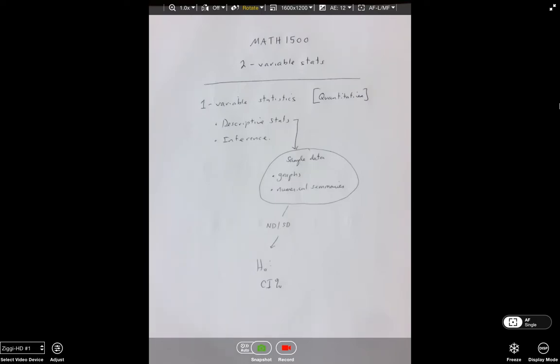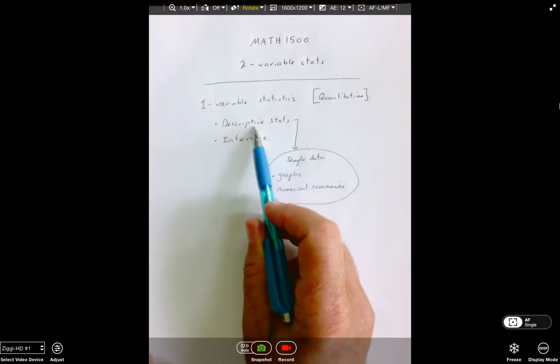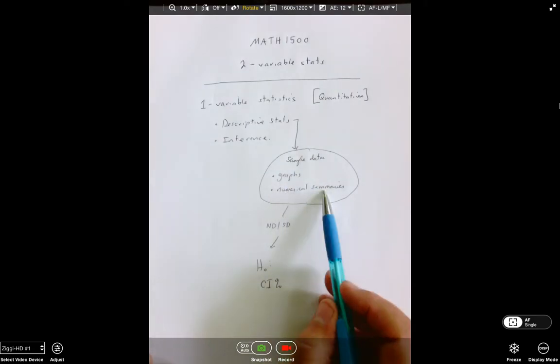We have a statistical research question. For example, we would like to know if the mean wait time at Tim Hortons is less than 3 minutes from the time period of 8 a.m. to 10 a.m. I would go out and collect data, and let's say I have 50 measurements.